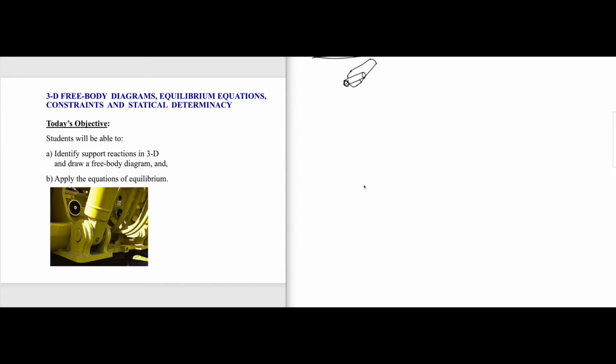With respect to this pin, which is not visible, this whole rod here tries to rotate, isn't it? Let's give names to some axes. Let's say that this is X, this is Y, and this is Z.